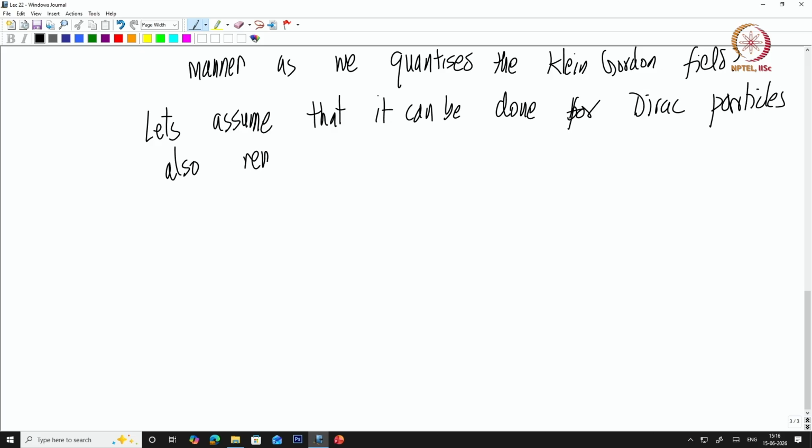The only complication here, keeping in mind, is that these are spin half particles.